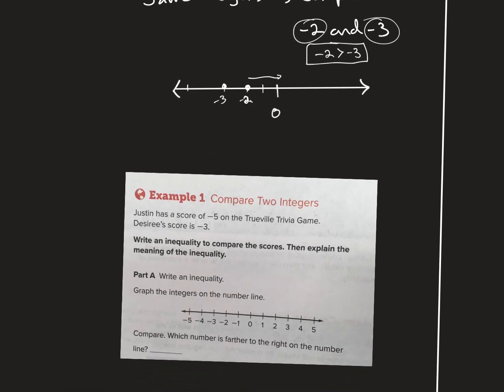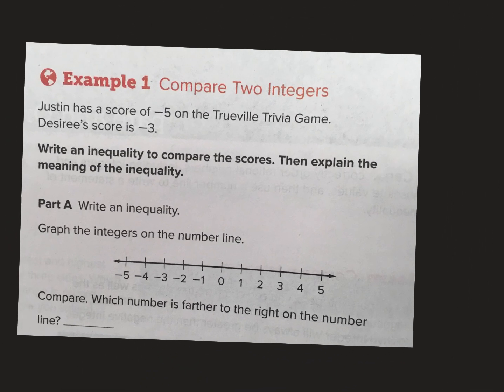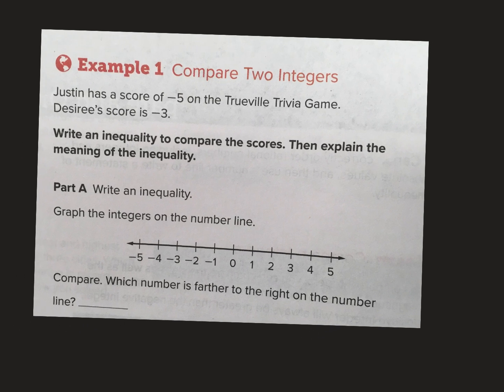All right. In the first example that I have here, Justin has a score of -5 on this trivia game. Desiree's score is -3. So what we have to do is write an inequality to compare the scores and then explain the meaning. So here, write an inequality.